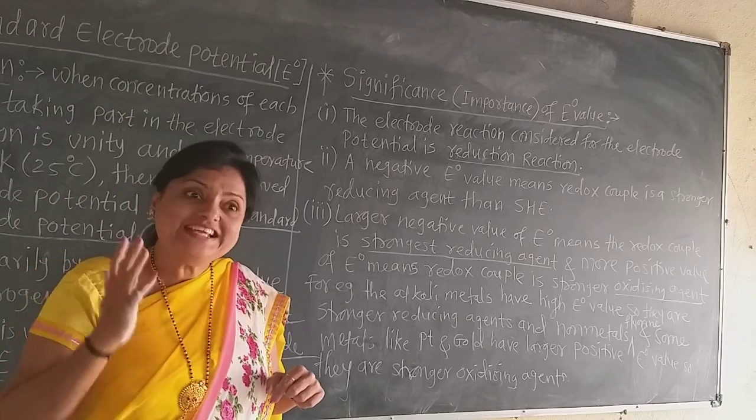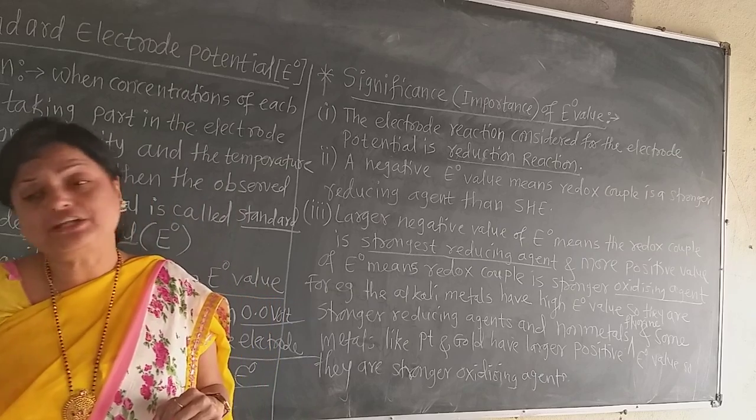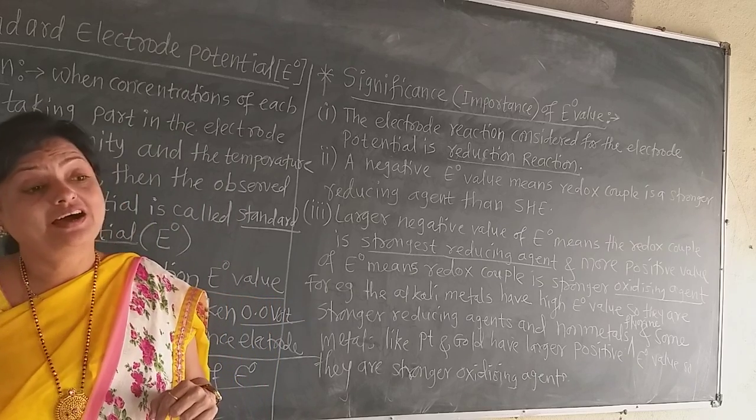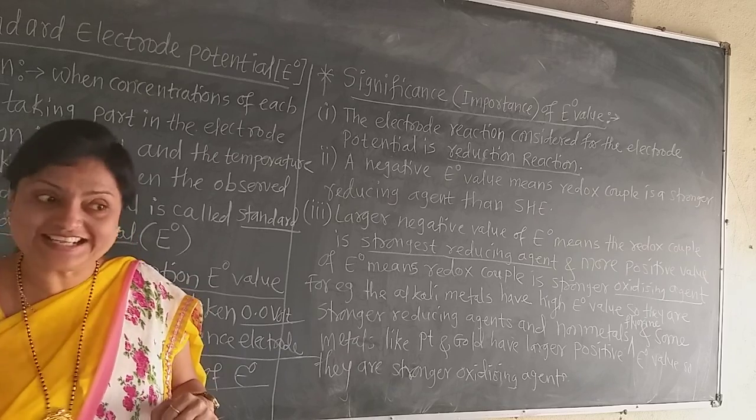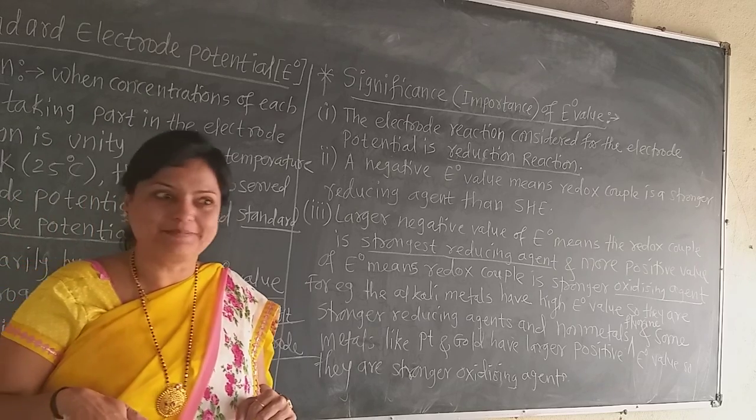So these platinum, gold, or non-metal fluorine, iodine electrodes, their couple is called the stronger oxidizing agent because they oxidize another, but they themselves get reduced.